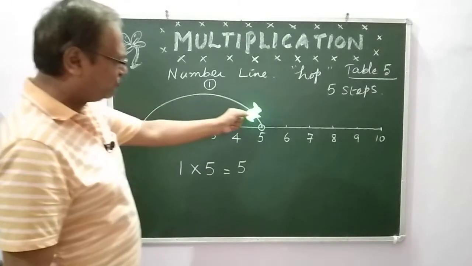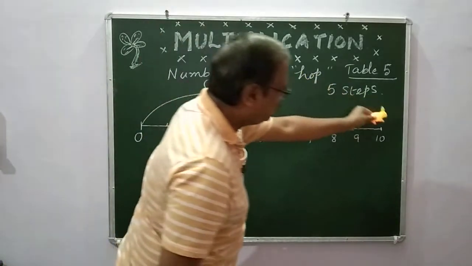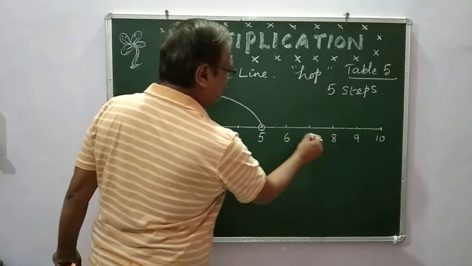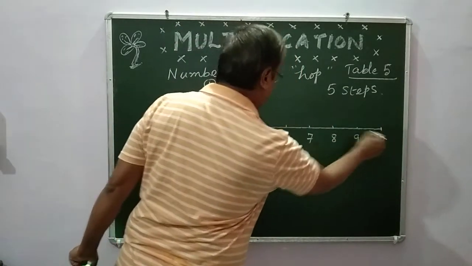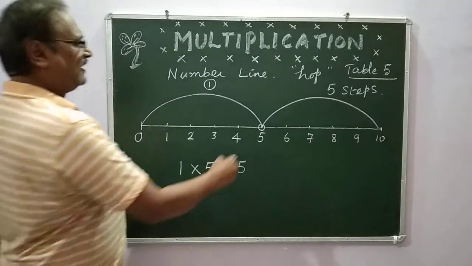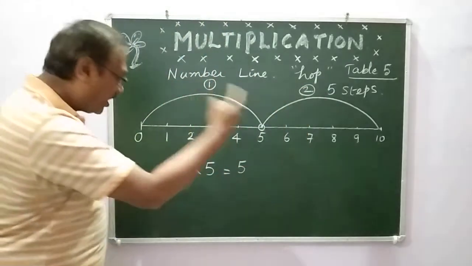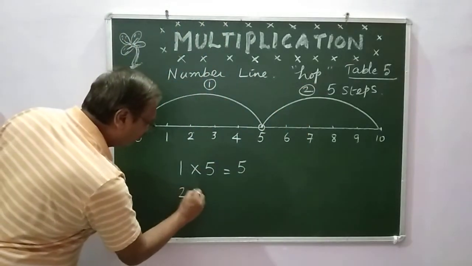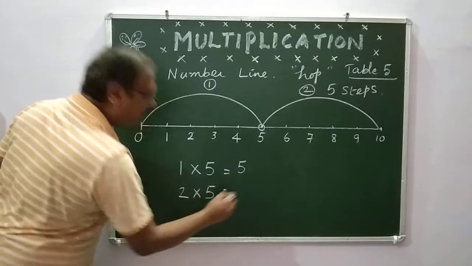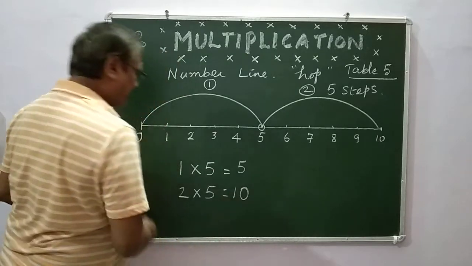Now the bunny is going to again jump 5 steps. So 6, 7, 8, 9 and 10. And you see here, it jumped like this, right? This is the second time it has hopped. So 2 5s is equal to how much? 10. 2 5s are 10.